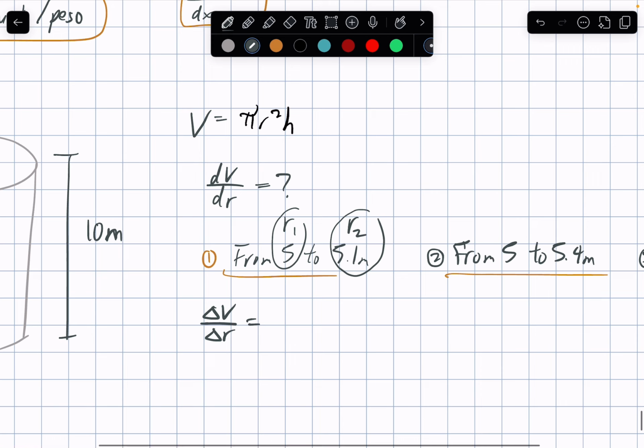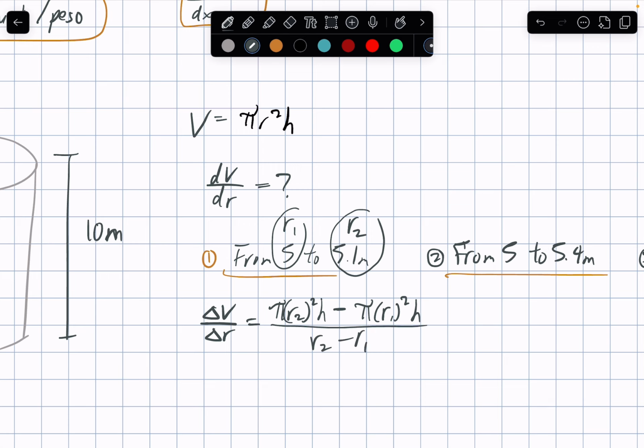So pi R2 squared H minus pi R1 squared H, divided by R2 minus R1.